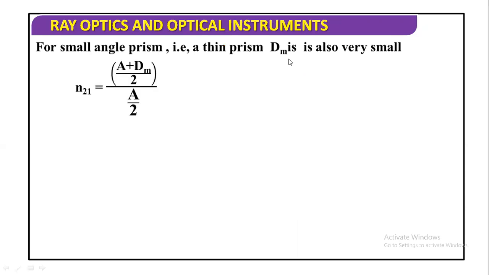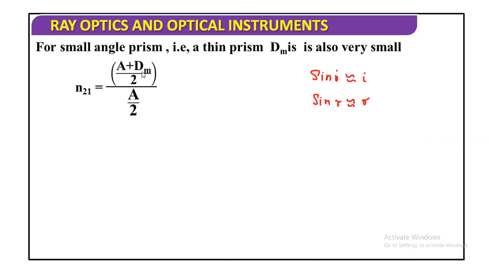Now, if the prism is thin, then we know that for a thin prism, sine I is nearly equal to I, and sine R is also nearly equal to R. So for a thin prism, the sines are eliminated and we use only the angles.